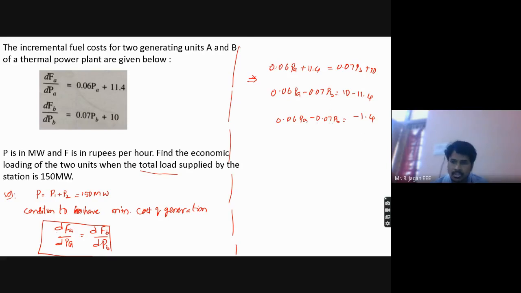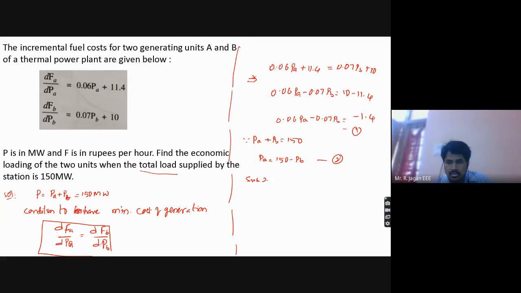Right? So two generators A and B are given. I am taking the load as PA plus PB equal to 150. From this, PA is equal to 150 minus PB. Let's say this one is equation 2.